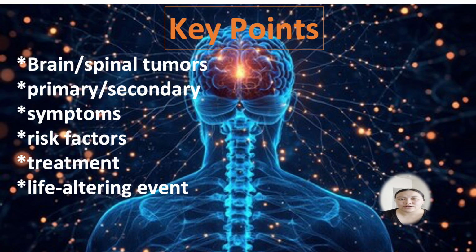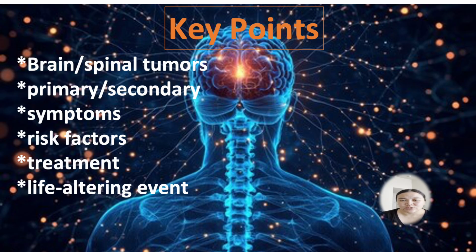So in summary, here are some key points we wanted to reiterate. CNS tumors are categorized as either primary tumors or secondary tumors. Brain tumors are named after the cells they originate from, and spinal tumors are named based on the location of the tumor in relation to the spinal cord. Depending on the size and the location of the tumor, some symptoms are more prominent than others.